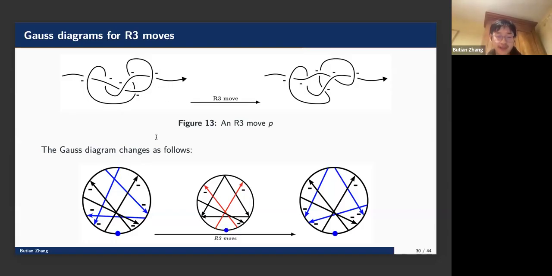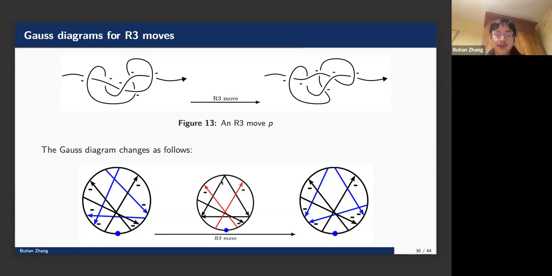If we do an R3 move, it changes from left to right. Since this change is local, in the Gauss diagram it only changes the relative position of these 3 arrows. You can see that it just concerns the triangle area changing of the arrows, and we use this triangle in the middle of the 2 Gauss diagrams to represent this triangle move.